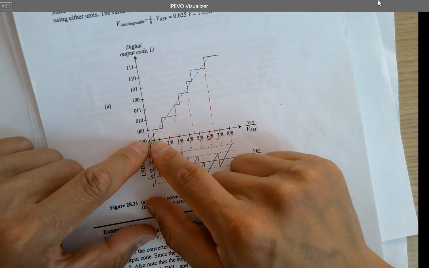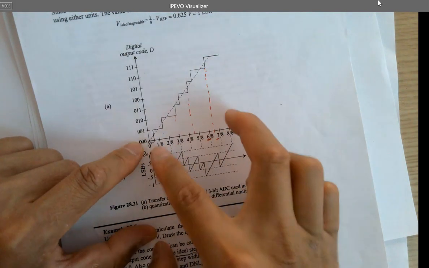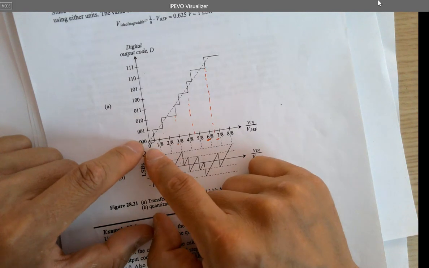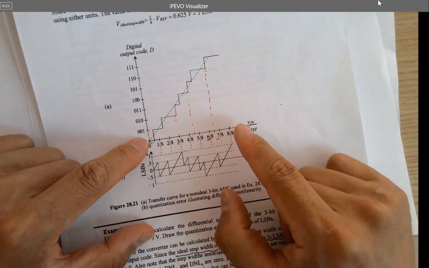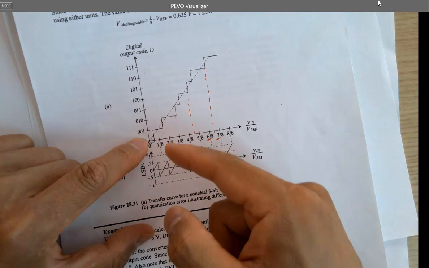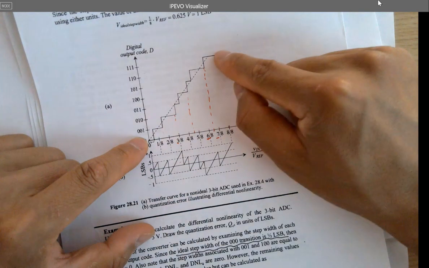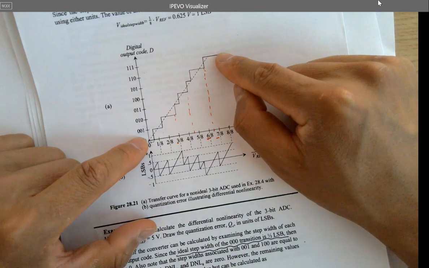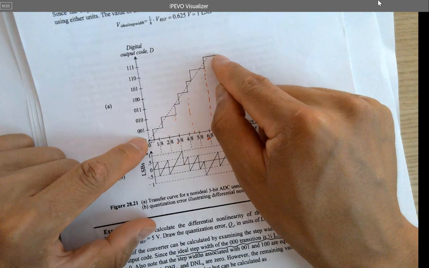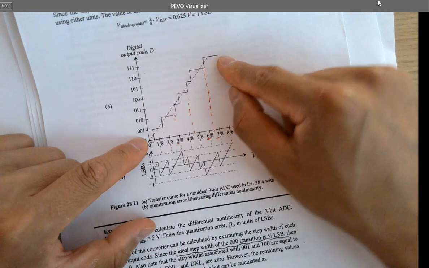And for the shifted curve, keep in mind that DNL1, the step 1, should be 0.5 LSB, so it's shifted, and you actually shifted to the left, not right. For the last one, which is DNL7 or step 7, it's 1.5 LSB, which is the ideal one instead of 1 LSB.